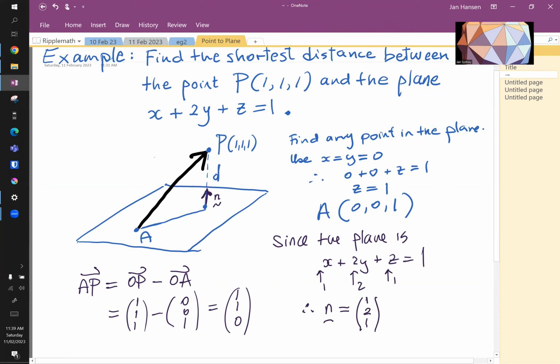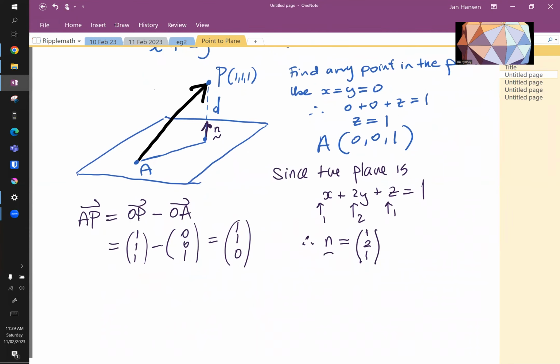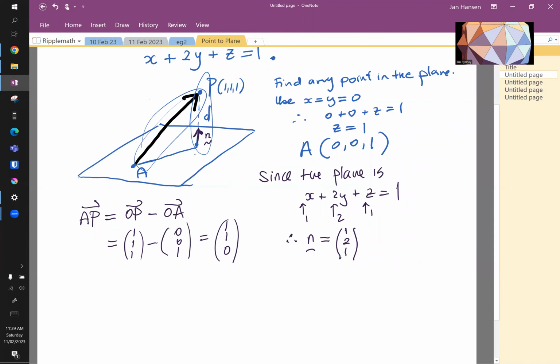That's easy. And from there, we can use our projection formula to see how this projects onto that, which is going to give us our vector. We're going to call this BP.